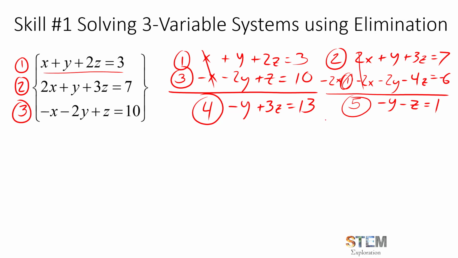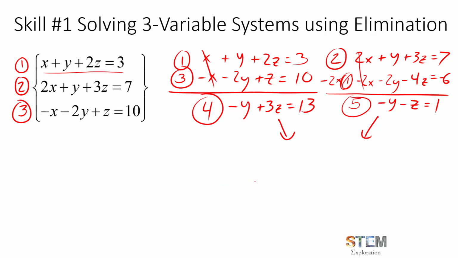Now, what I'm going to do here, and the goal is to isolate what one of the variables is, all right? And to do that, I'm going to take these two variable equations and combine them here, all right? And I think I'm going to eliminate y so that I can solve for z.